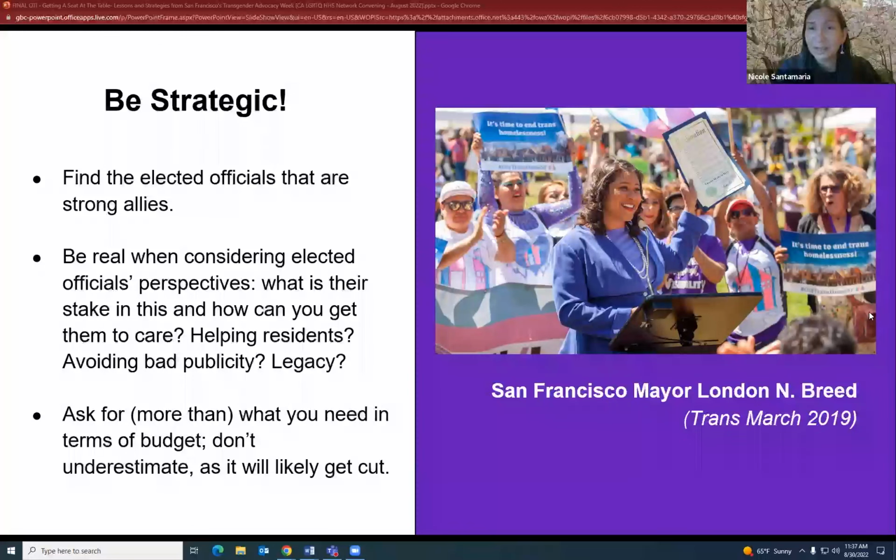And coming with the message that it is not only a trans issue, it is not only a gender diverse issue, it is a human issue that affects all of us, the broader community.